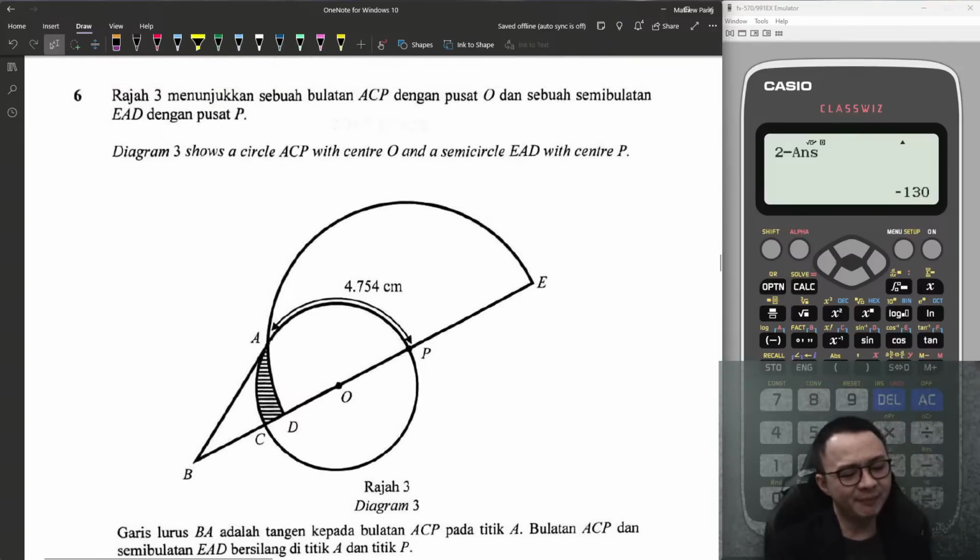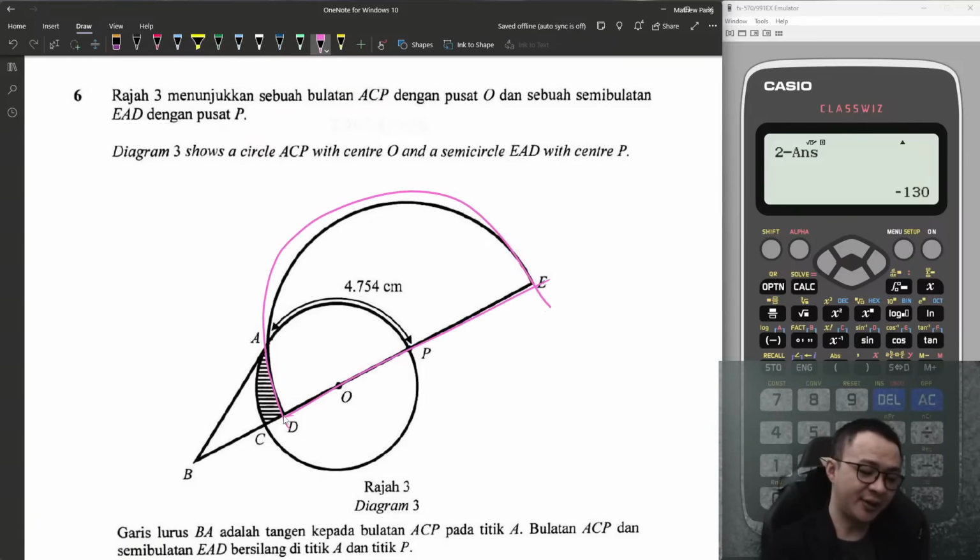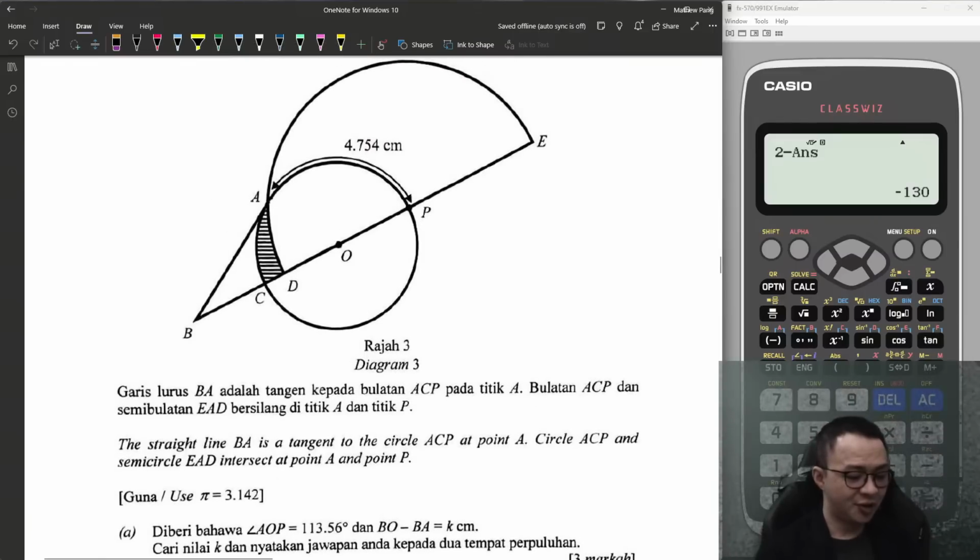Okay, this one is not very hard, but it gets a little bit complicated if you have no idea what is going on here. Diagram 3 shows a circle ACB, center at O, and then the semicircle EAD, center at P. So a straight line AB is tangent to the circle.